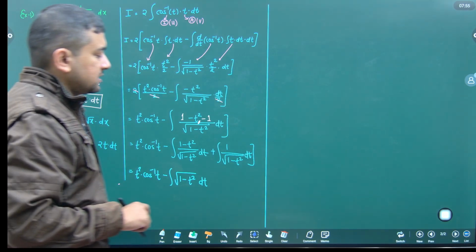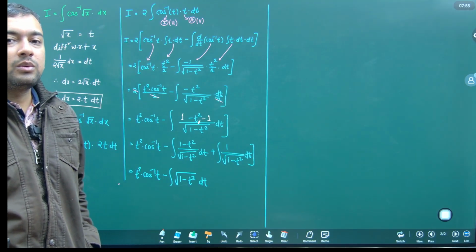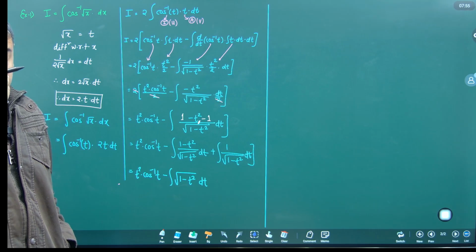Yes, in the last lecture we have talked about this integral 1 upon under root a square minus x square. Is it correct? Right?